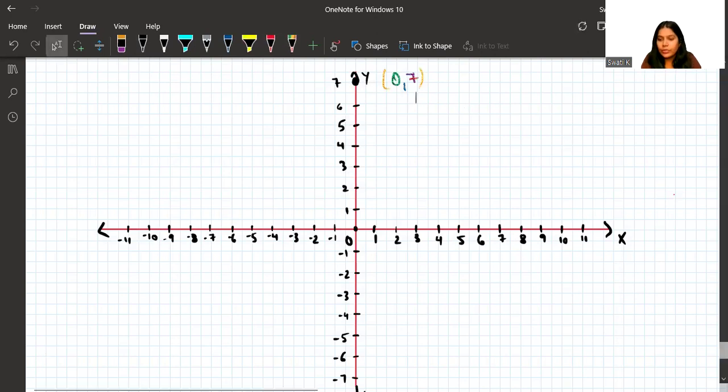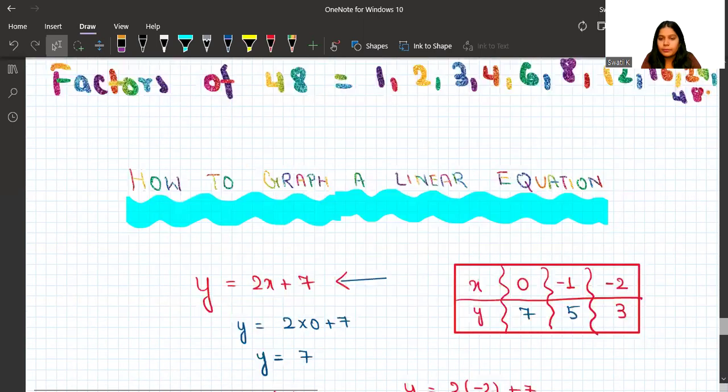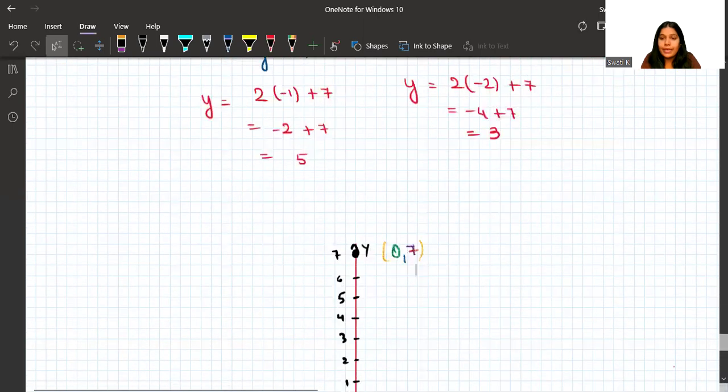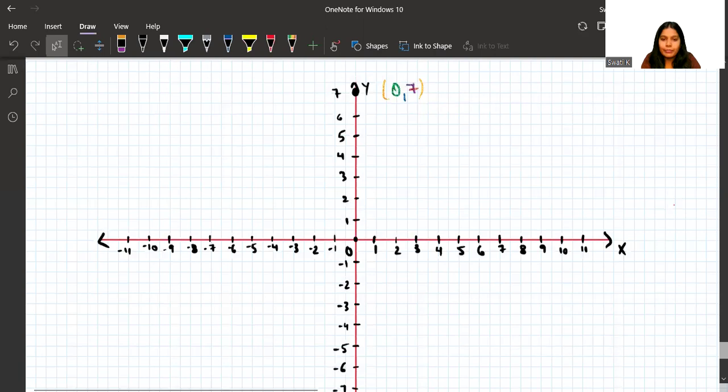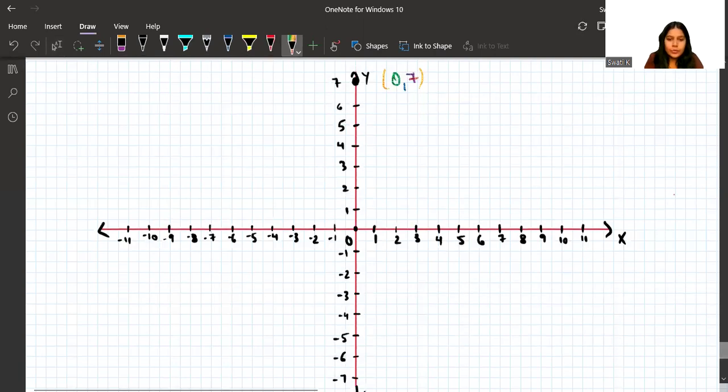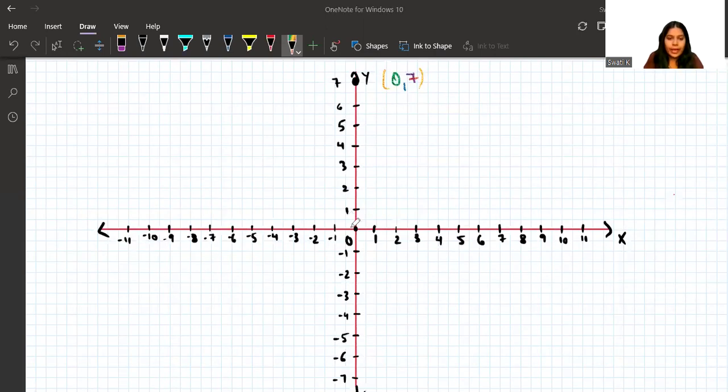Now let's go to the next one. The next one is (-1, 5). So x is -1 and y is 5, right? So where is x equals -1? Here it is. Let me use that vanishing pen once again. It was -1 and 5, yes.